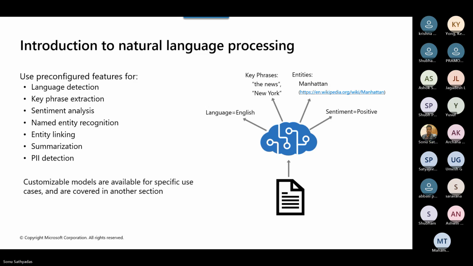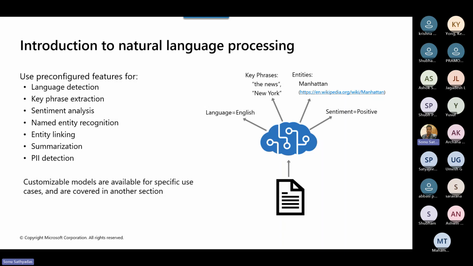The text analytics service is also a pre-trained model available in Azure AI services. You can create it as a standalone service or as a multi-service account. The text analytics service offers multiple APIs.